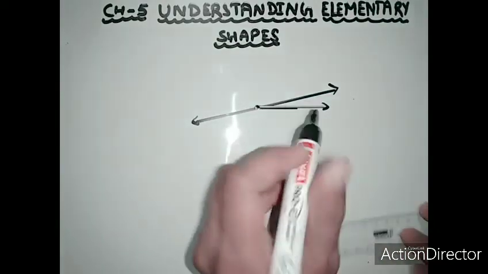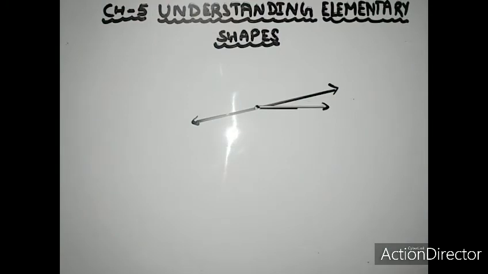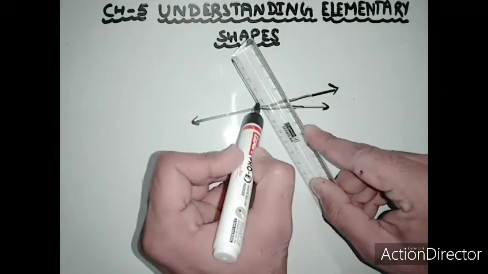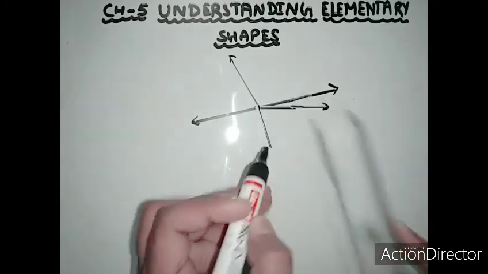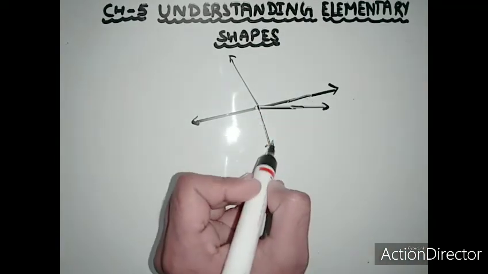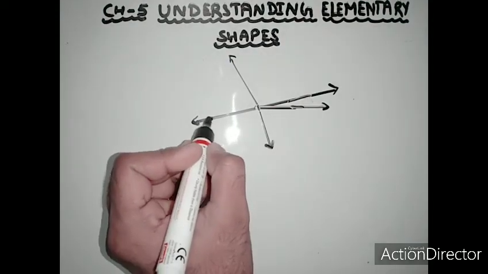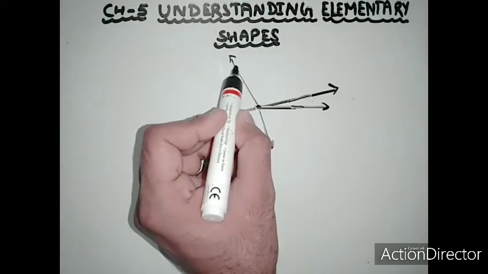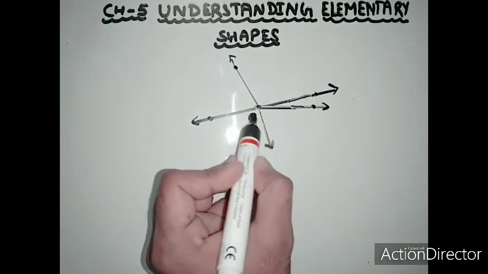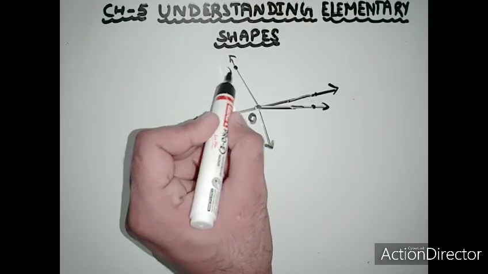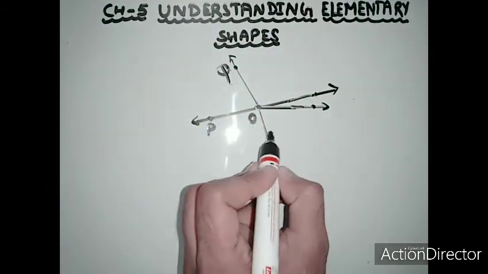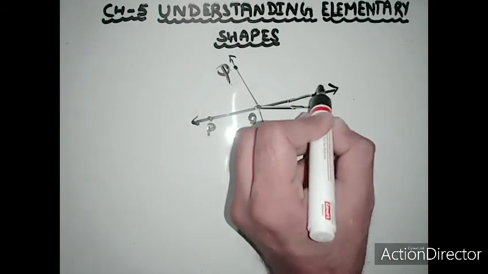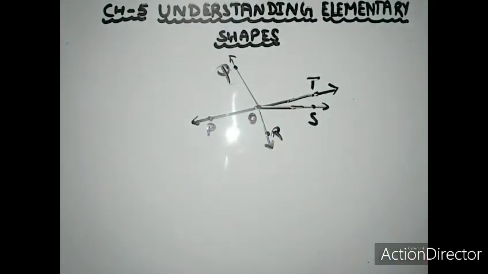Now we give the names of these points as O, P, Q, R, S and T, right?